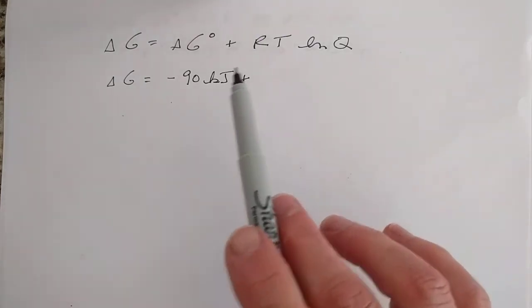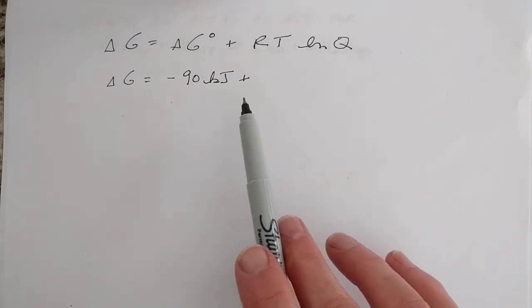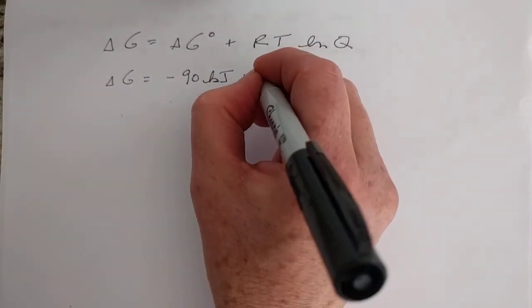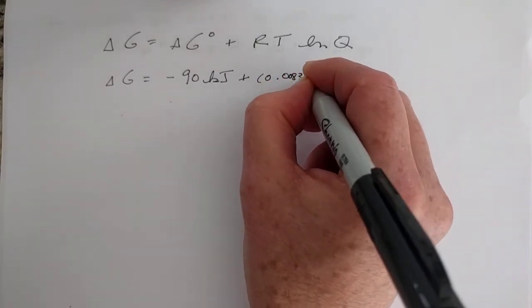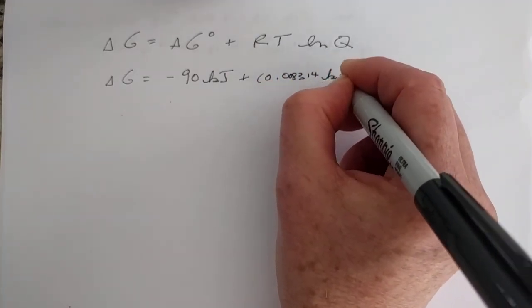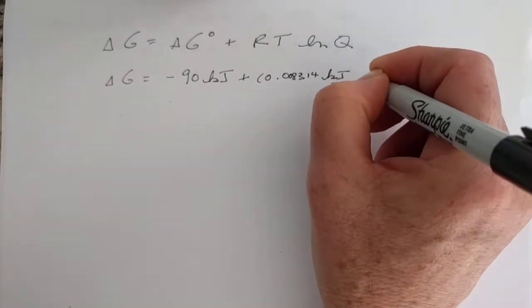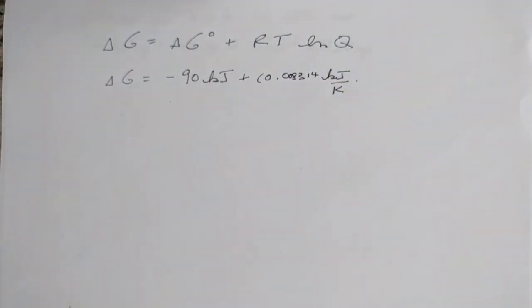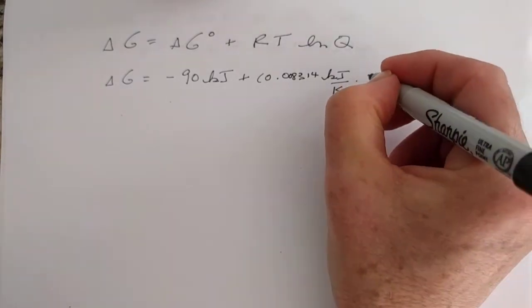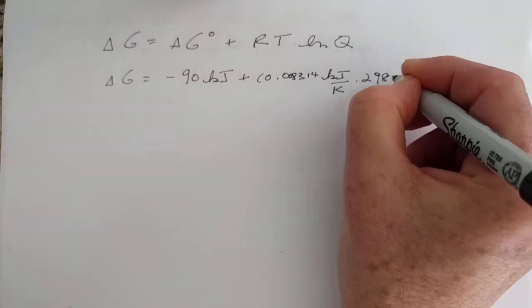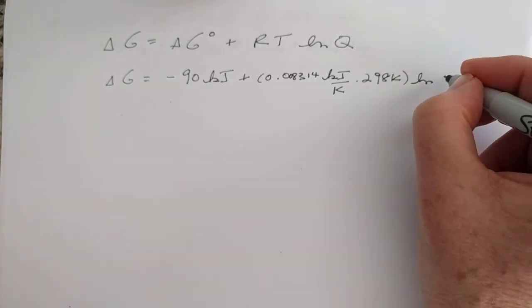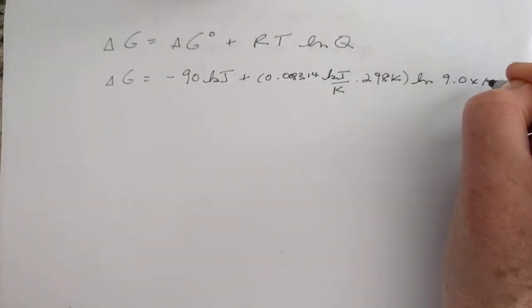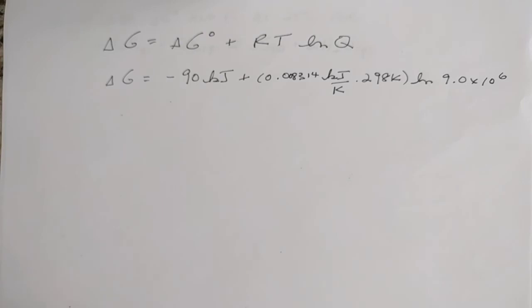So I'm going to change that to kilojoules. I must have my units that match. So R is 0.008314 kilojoules per Kelvin. Our temperature, of course, has to be in Kelvin. Our problem told us we were at 25 degrees C, so that is 298 Kelvin times the ln, and our Q we calculated is 9.0 times 10 to the 6.